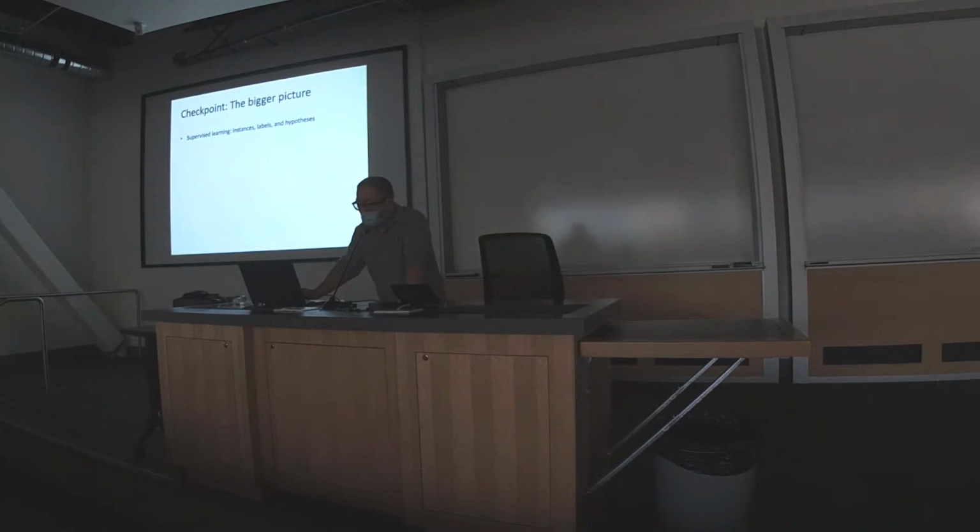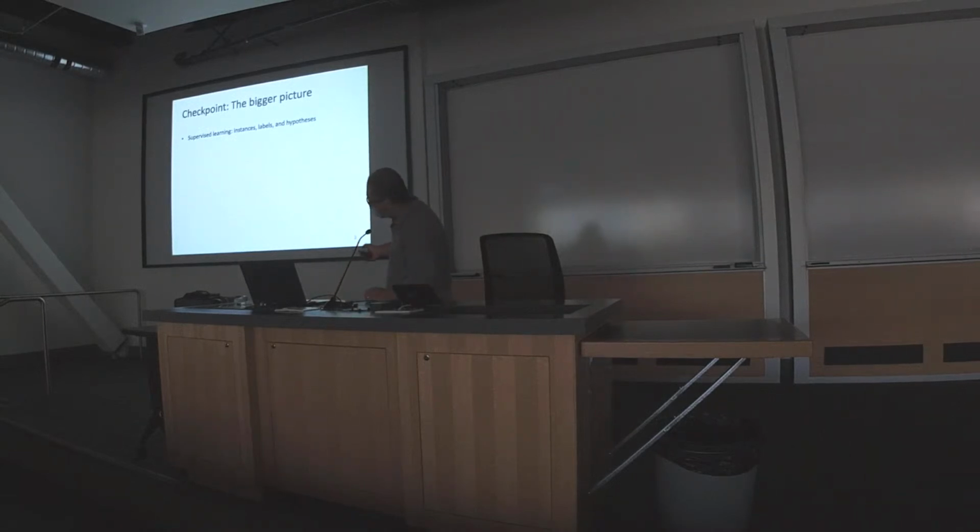So before we proceed, this is a checkpoint. Look at the bigger picture we have seen so far. We have introduced supervised learning, right? The most commonly used learning framework, where we have to define the instance space, the label space, and the hypothesis space, right?